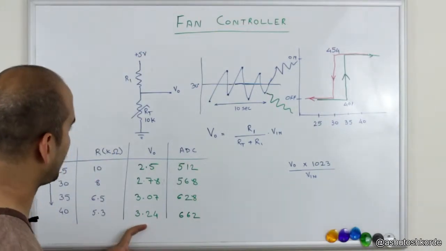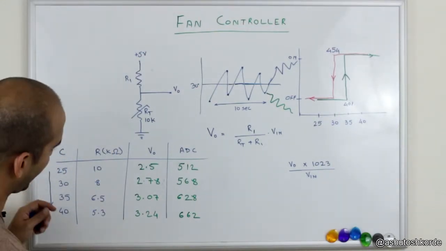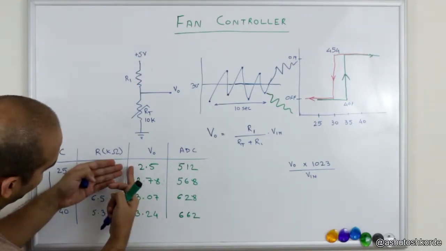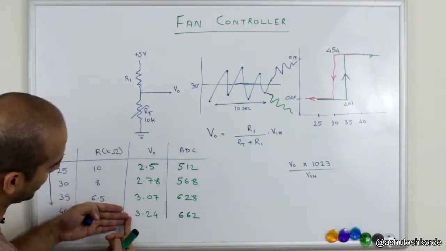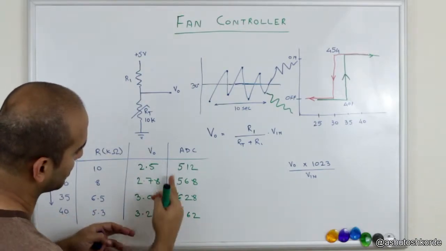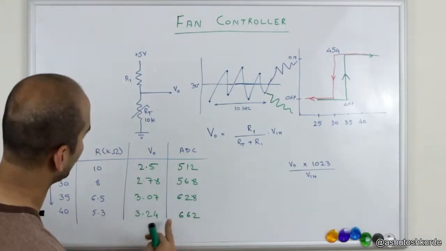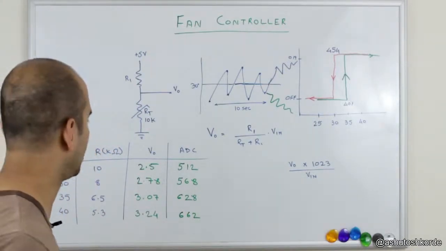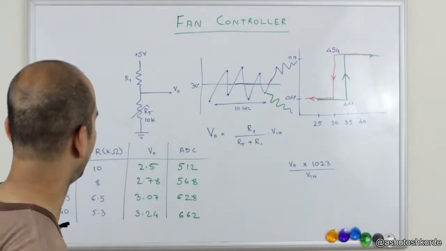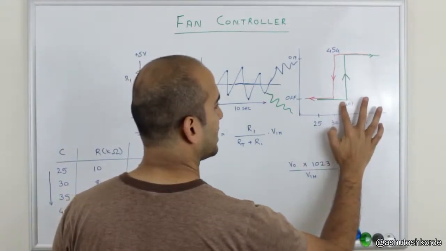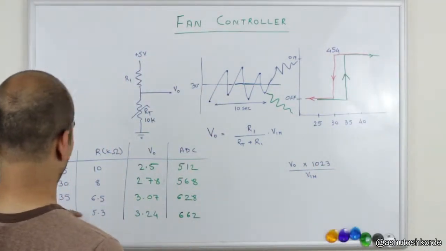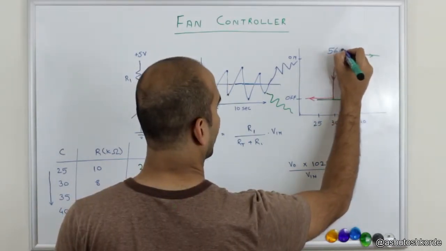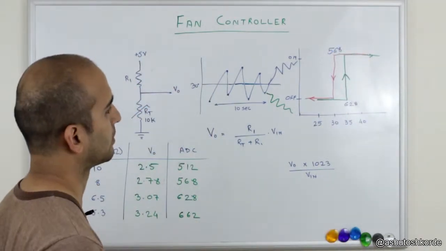These are the new values that I get, and now you see as the temperature is increasing from 25 to 40, the values of V0 and thereby the ADC raw values are also increasing. This is not necessary, but it's just a nice touch to keep things simple. And effectively that means that these values now would become 628 and 568.